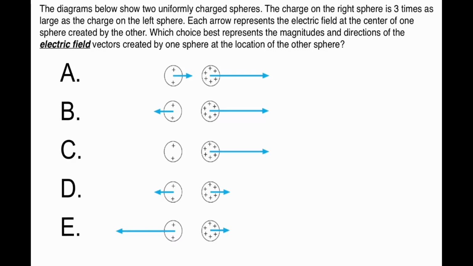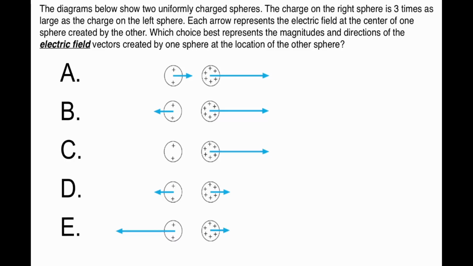That's what a force is, right? Are electric fields pushes or pulls? They are a pattern of pushes and pulls, right? And so there's a difference there. They're both represented by vectors, aren't they? One is a push or a pull. That's the force. That's Coulomb's law. One is a pattern of pushes and pulls. That's the electric field.